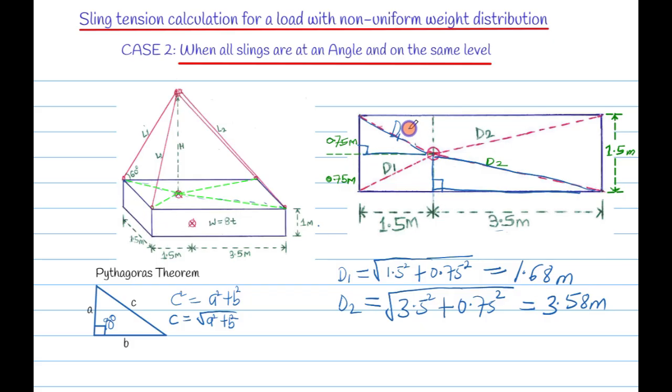So now we have D1 as 1.68 and our D2 as 3.58 meter. Now we have to proceed to get the length of L1 and the length of L2. Since we have known the distance from sling L2 to the center of gravity, and we have also known the distance from sling L1 to the center of gravity.